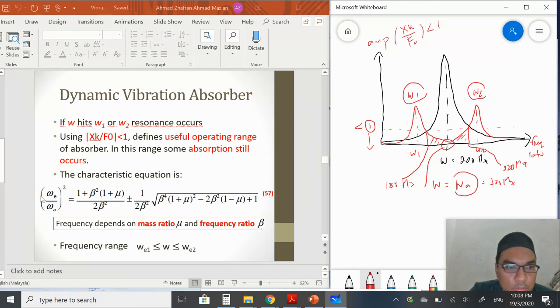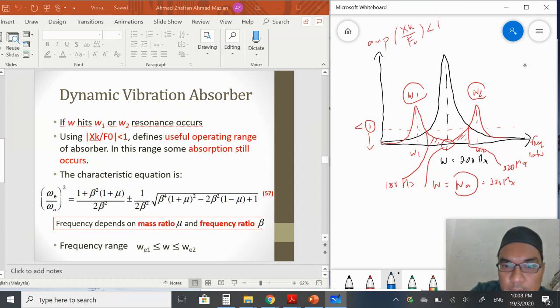This is a complicated one, but this is just to show you the characteristic equation. You do not need to know the detail about it, but this is just to show you what it is all about. The frequencies depend on the mass ratio mu and also the frequency ratio. You must always be alert to these two parameters.